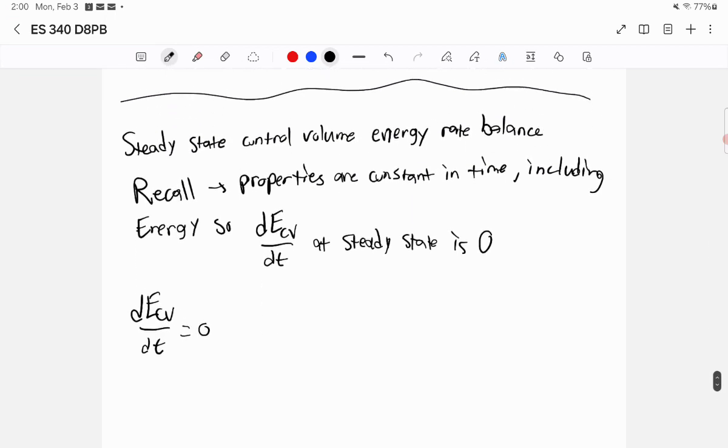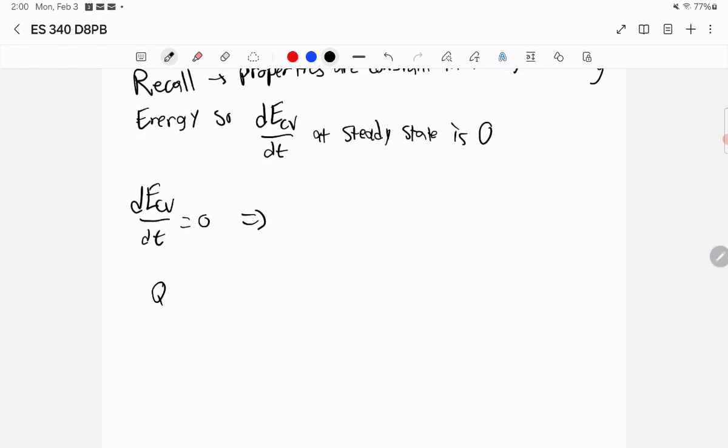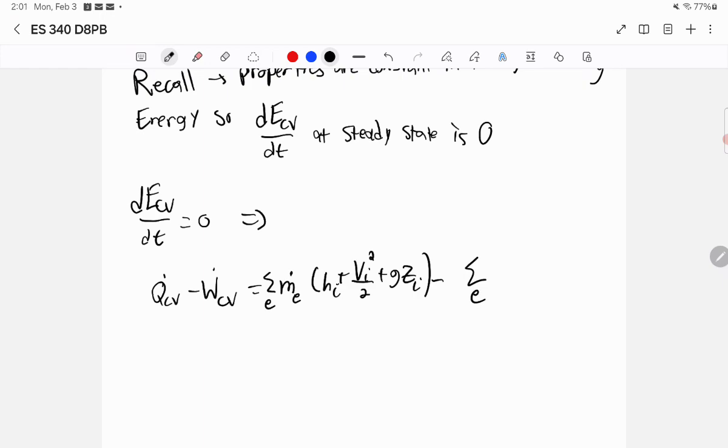So what does that mean? Well, that implies that Q dot CV minus W dot CV has to be equal to the sum of m dot i times (h_i plus V_i squared over 2 plus g z_i), minus, notice that it flips the sign here, the sum of m dot e times (h_e plus V_e squared over 2 plus g z_e). I messed myself up there; these should have been e's.